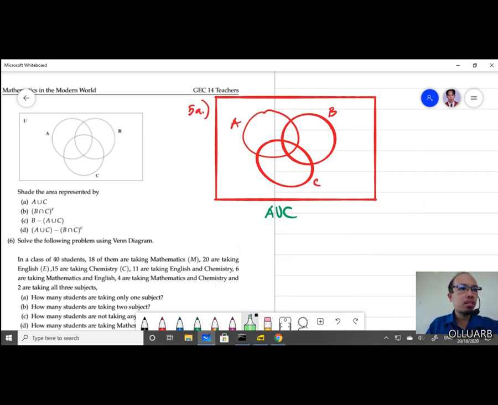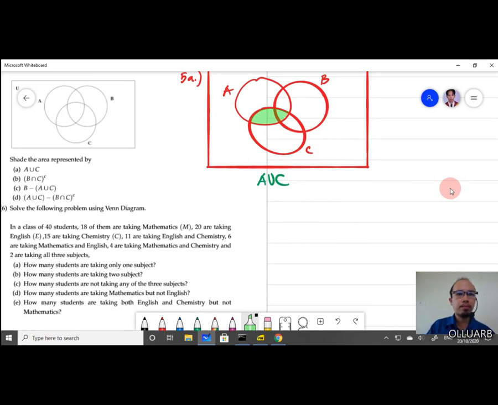A intersection C is this one. That's A intersection C.